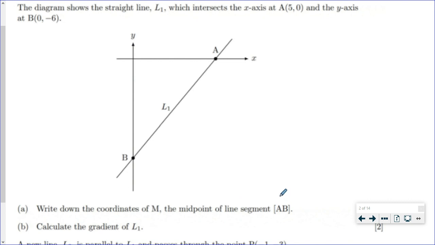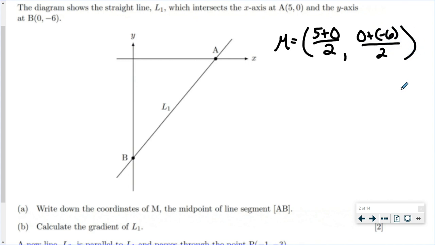To find the midpoint of any line segment, we simply take the average of the x's and the average of the y's. So M is going to be 5 plus 0 over 2, comma, 0 plus negative 6 over 2. Simplifying that down, we get 5 halves. If you want to write it as 2.5, that's fine, comma, negative 3.